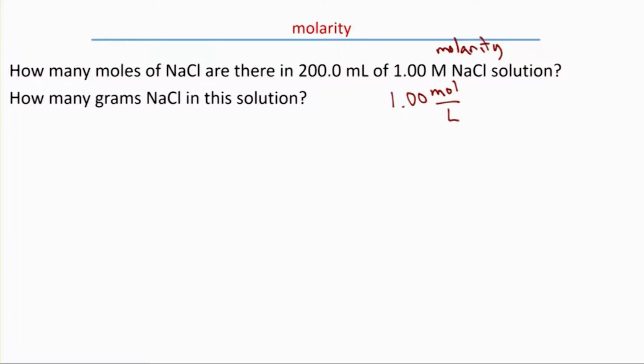All right, those are identical to each other since molarity itself stands for moles per liter. So when you see that big M, you think, hey, this is a conversion factor between moles and liters. Conversion factor. Just like we were using the molar mass, in grams per mole to go between grams and moles, we can use molarity now to go between moles and a volume in liters.